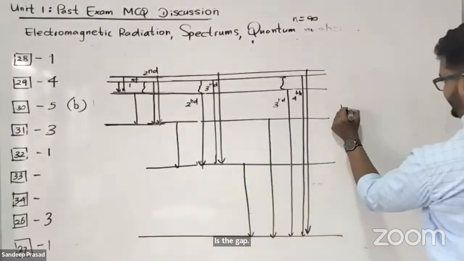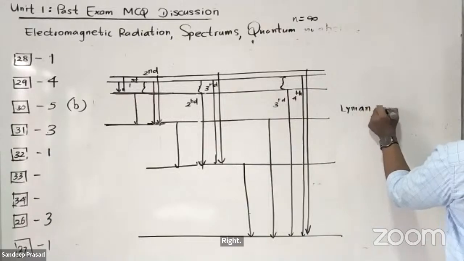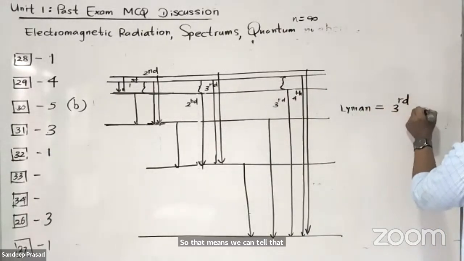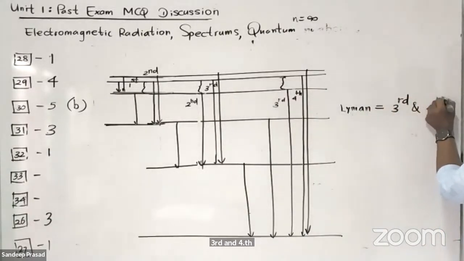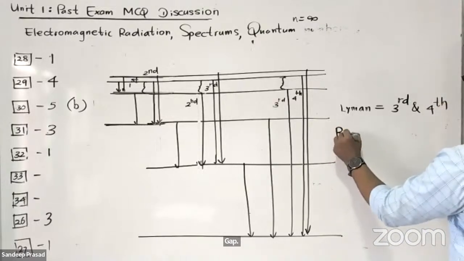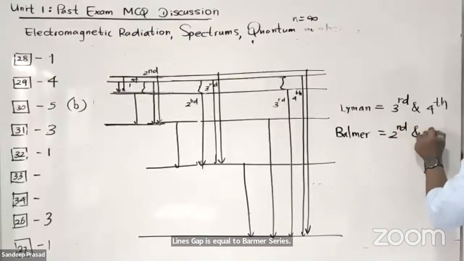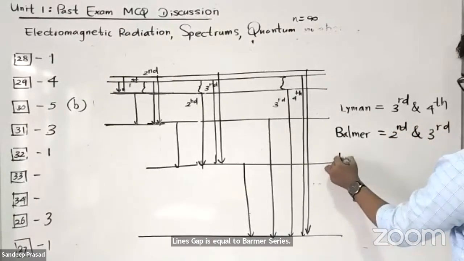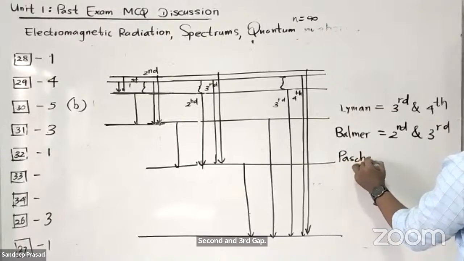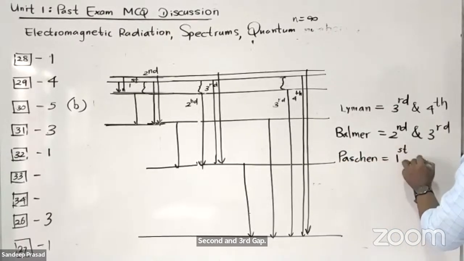So that means we can tell that in the Lyman series, the third and fourth lines gap is equal to the Balmer series second and third gap. Then when you consider the Paschen series, first and second gap.